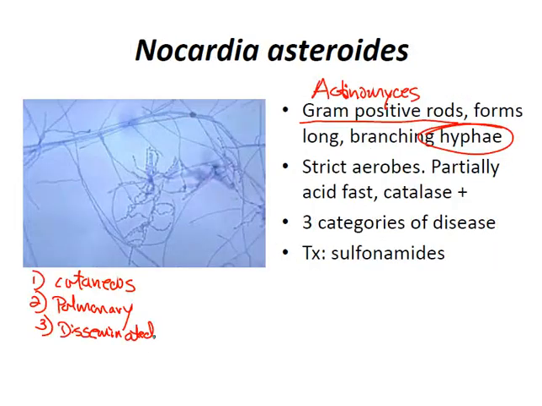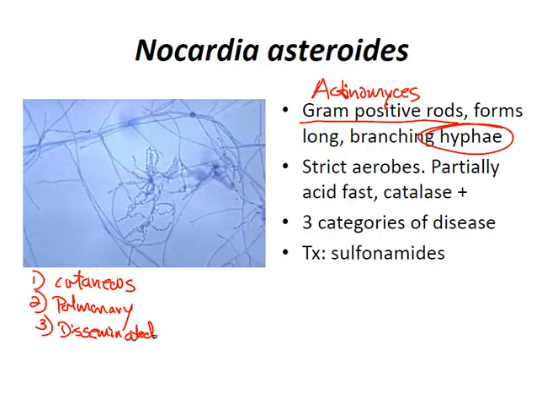So the disseminated would be like the brain or the meningeal involvement. The cutaneous disease is like abscess or cellulitis secondary to trauma in immunocompetent patients. Now, you can have a slowly progressive pneumonia in immunocompromised patients, so this is an opportunistic infection.